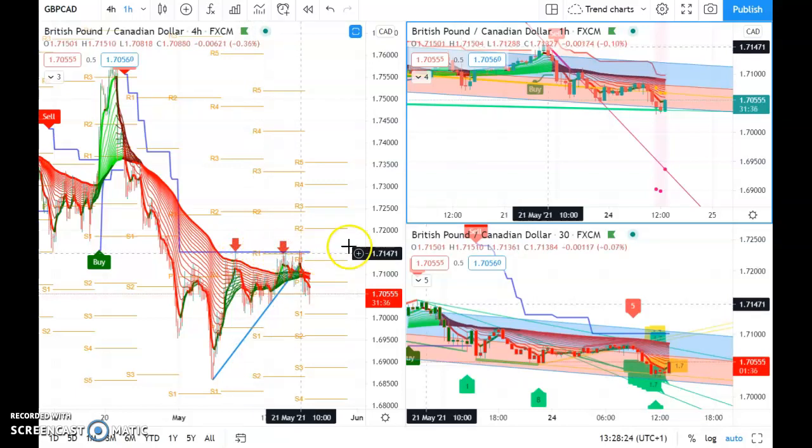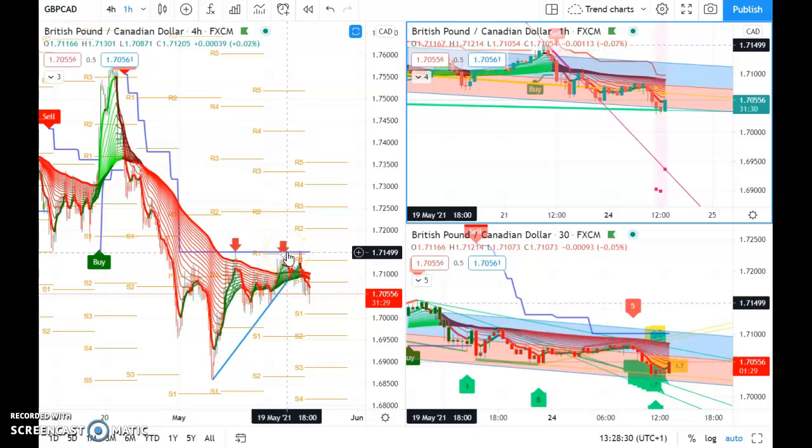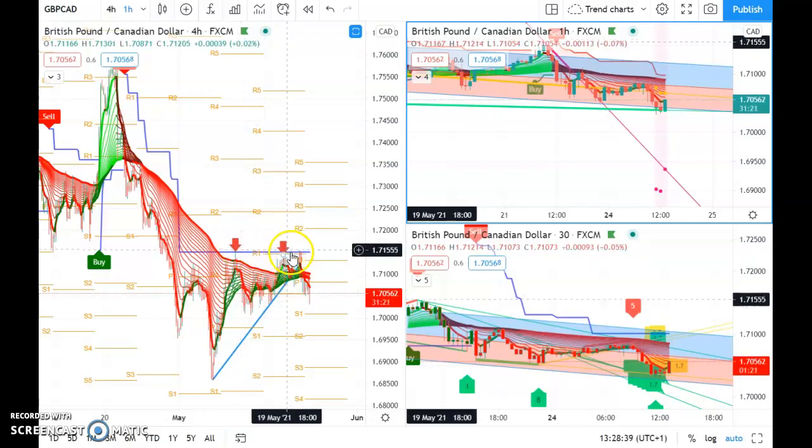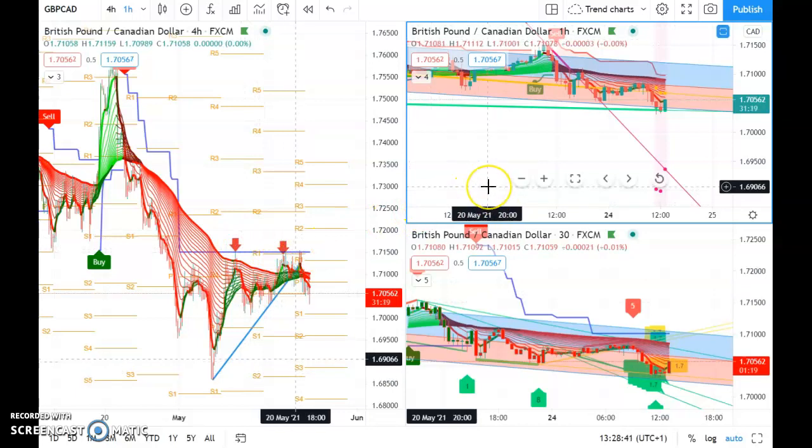So we'll be locking in some profits shortly. 171.50 was major support resistance, as you can see here. We had a double top here and here on the 4-hour chart, and now it's moved into a continuation.